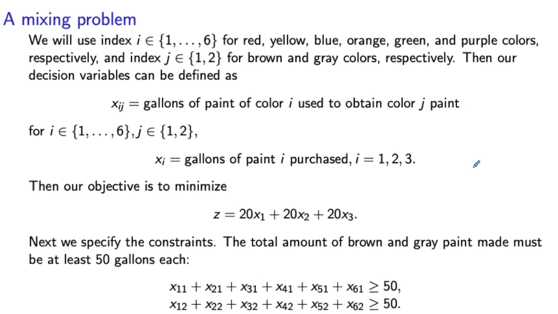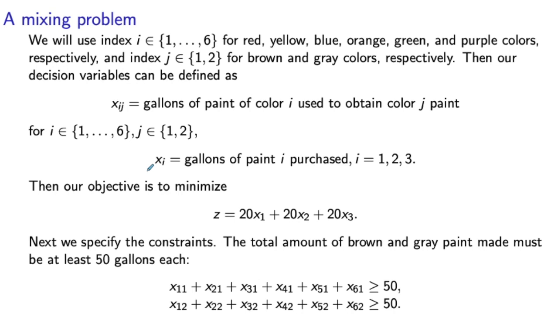Again, we already discussed the details for most of it, but let's review what we have done already and summarize the model. So we introduced Xij variables that represented the gallons of paint of color i used to obtain the jth mix for i between 1 and 6 and for j between 1 and 2. Then we introduced the variable xi for the first 3 paints. That was the gallons of this paint to purchase.